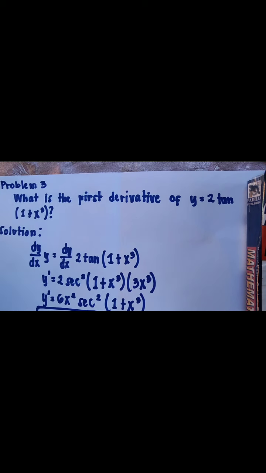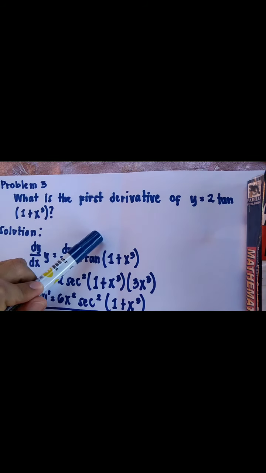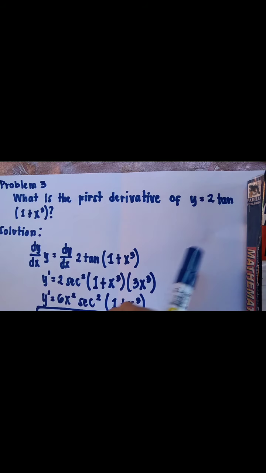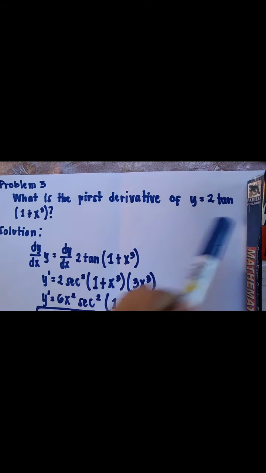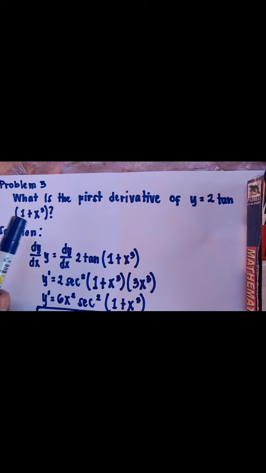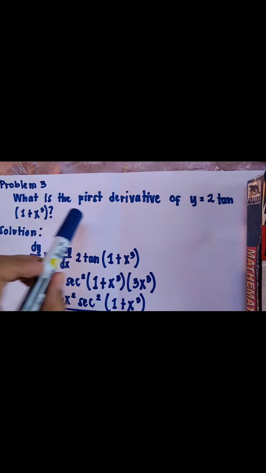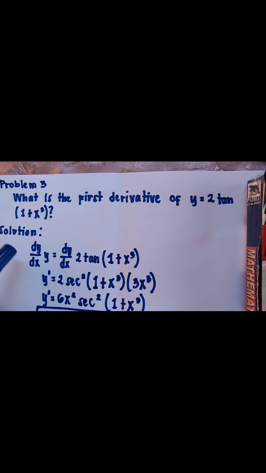Problem number 3. What is the first derivative of y equals tangent of (1 plus x cubed)? So here's our solution. Again, we're using the first derivative. dy over dx of y equals dy over dx of 2 tangent of (1 plus x cubed).